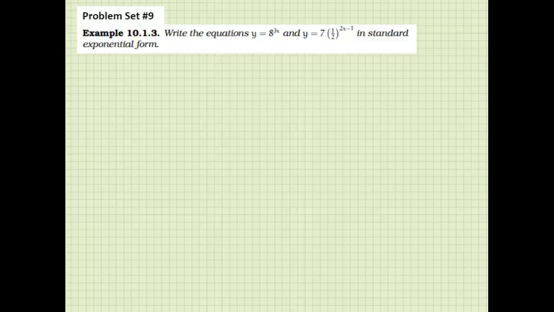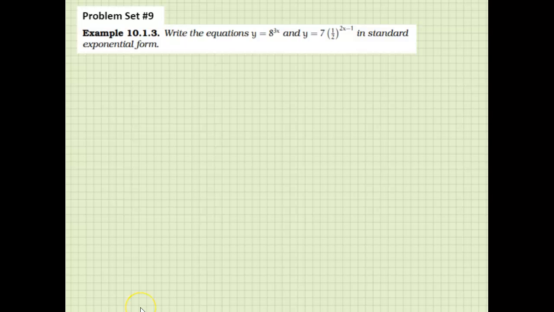Hello everybody, so let's look at a few example problems on exponential functions and their applications. Basically an exponential function looks like this.